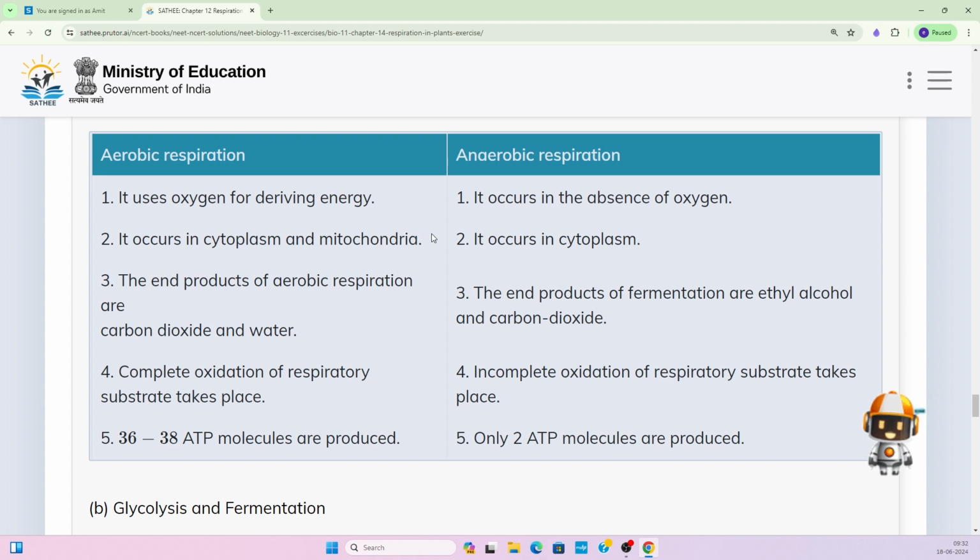The end products are carbon dioxide and water, along with the energy. The end products of fermentation are ethyl alcohol and carbon dioxide. In fermentation, the complete oxidation of the substrate does not take place here, so it is converted to ethyl alcohol and the carbon dioxide is released out.